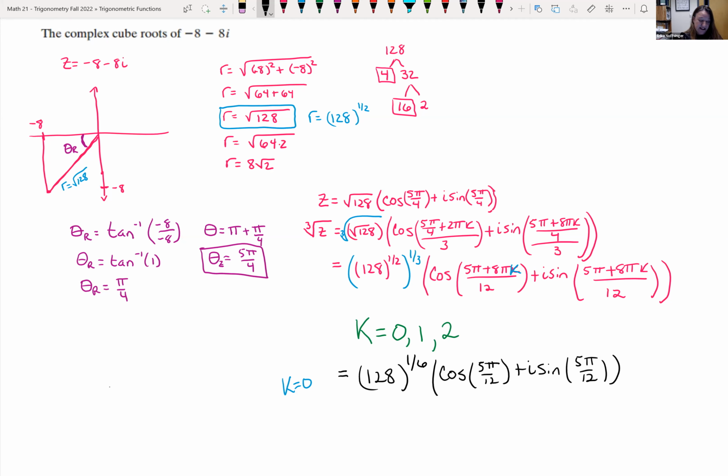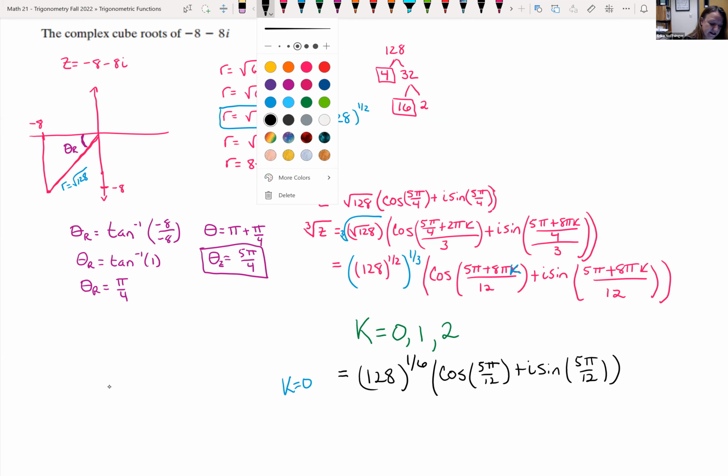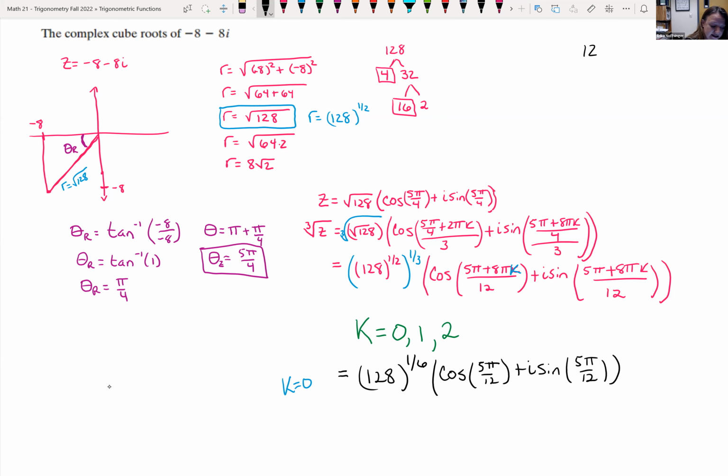Let's just see if we can simplify 128. What did we just say that was? 128 we said was the same thing as 64 times 2. I'm looking at the 6th root. So 2 times 2 is 4, times 2 is 8, times 2 is 16, times 2 is 64, times 2 is 128.